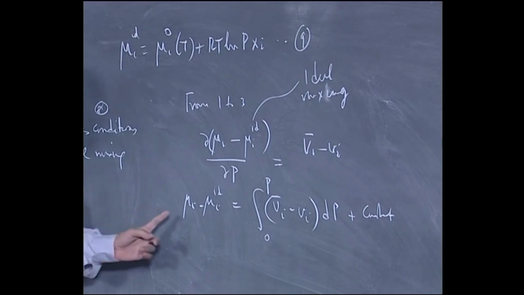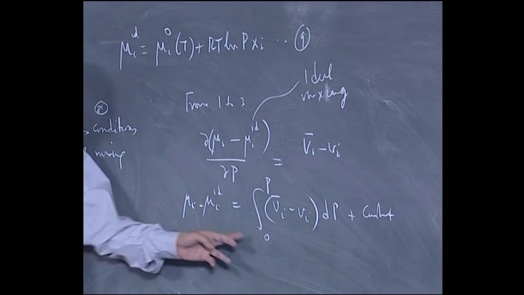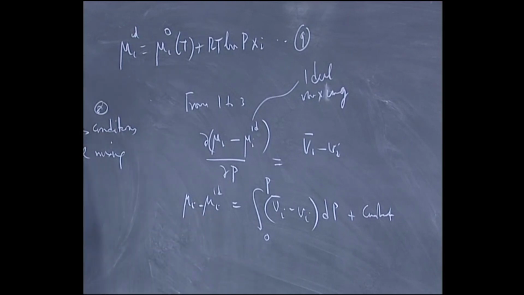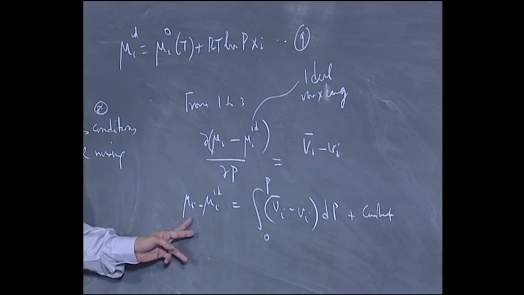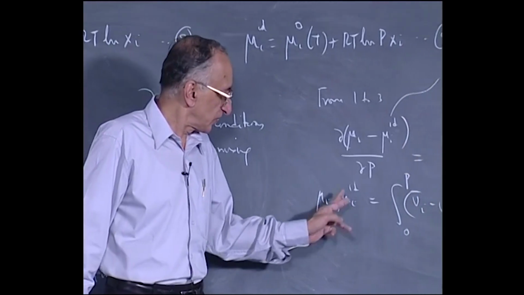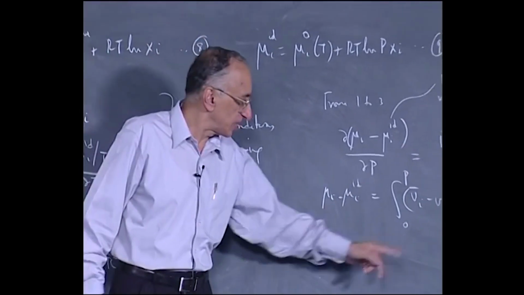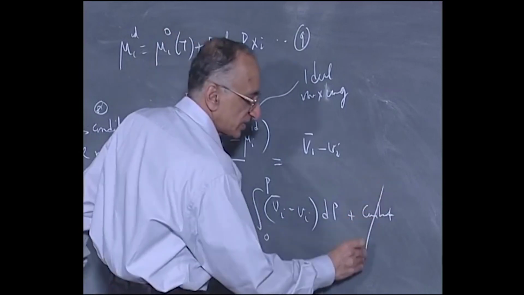Now I can determine the constant very simply in the case of gas phase, because in the limit as P goes to 0 all gases behave ideally, therefore this mu I also becomes a mixing of ideal gases, therefore I have mu I minus mu I ideal is 0 at P is equal to 0, so the constant is 0.